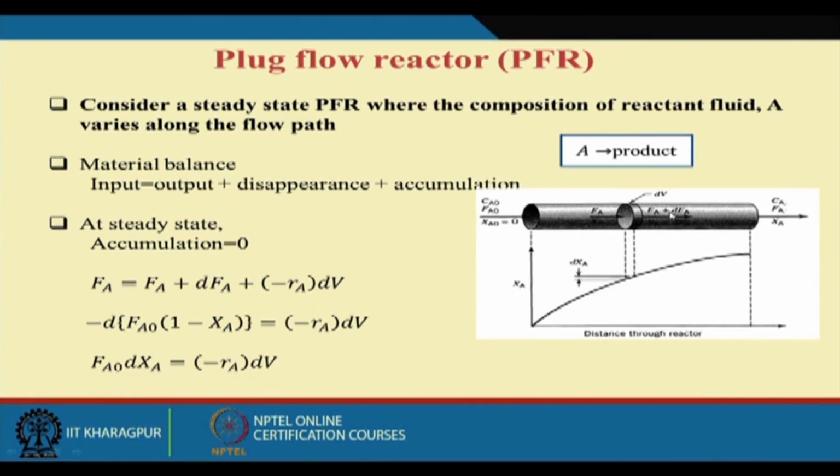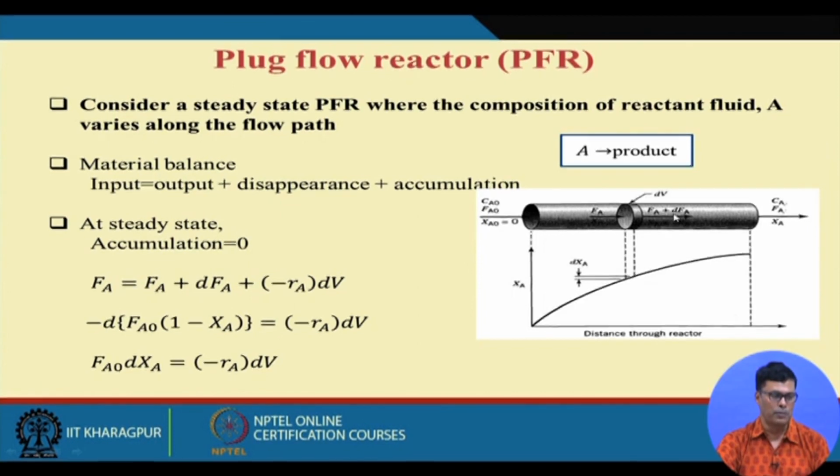In case of a product it should increase, in case of a substrate it may be negative, so we consider it as dFA. Now the liquid is flowing like this. How can we write this equation? Rate of input FA equals rate of output FA plus dFA, and the rate of disappearance is minus RA into dV.